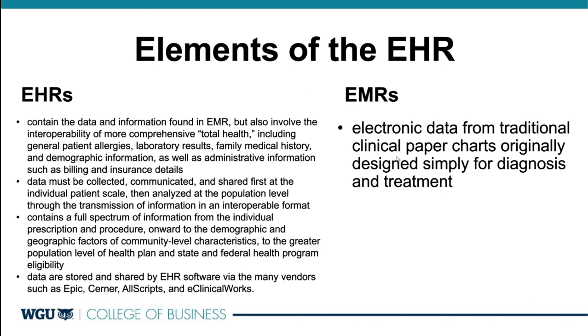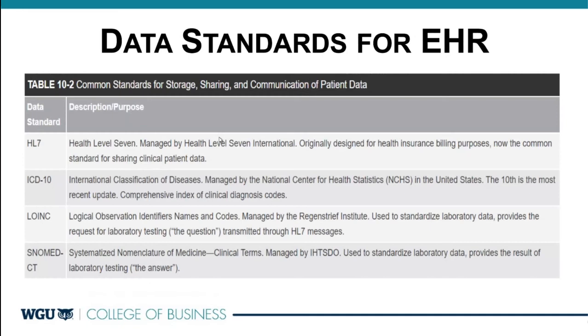The primary distinction is that the electronic medical record wasn't as seamless as the electronic healthcare record, which provides total history. The electronic medical record is like your chart from a single provider. The electronic healthcare record is your healthcare information from all providers. It's total health. That's the major distinction, okay?